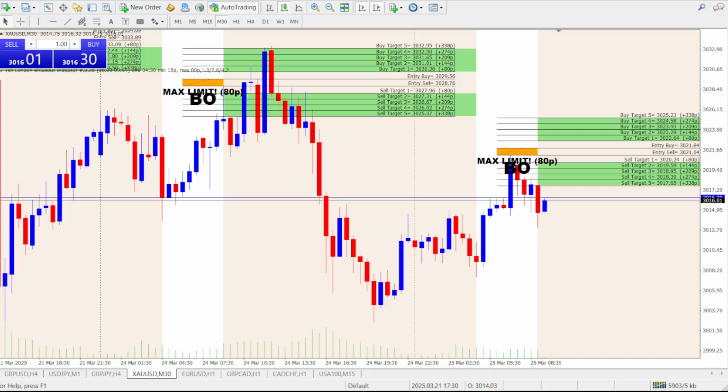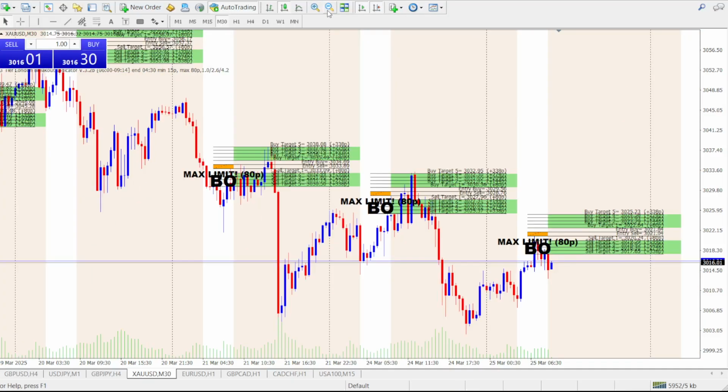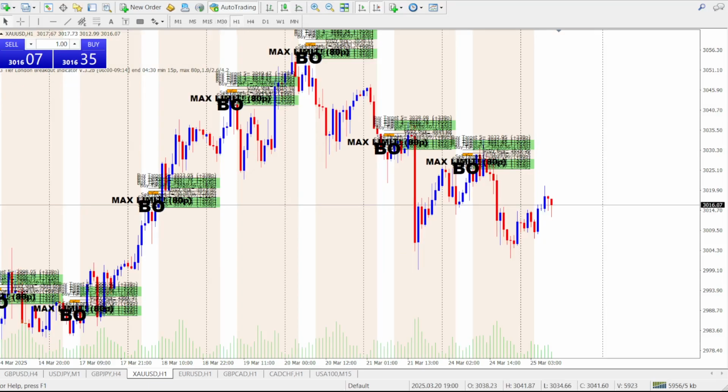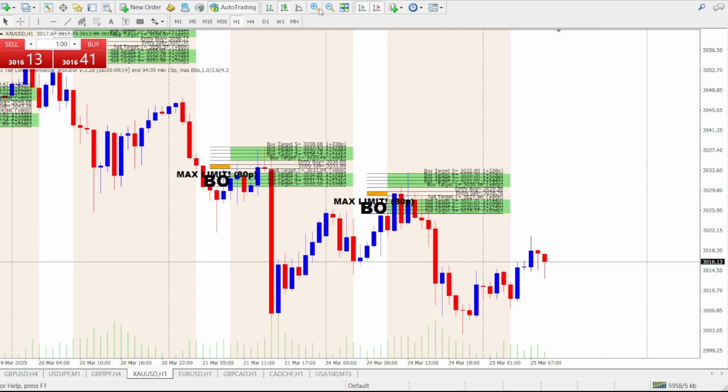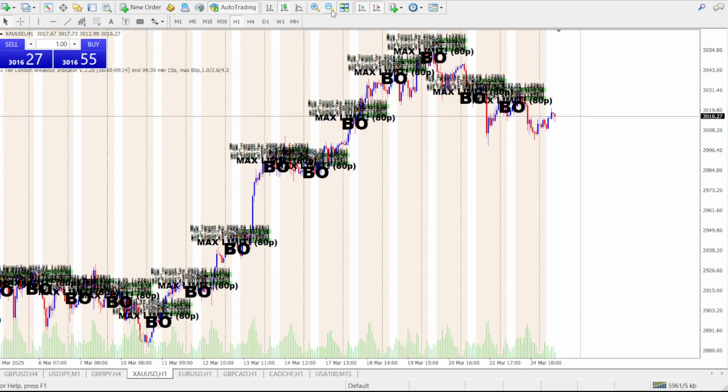So pay attention to your risk management strategies. Ensure that you do not trade with an amount that you cannot afford to lose, and make sure that you also employ good risk to reward ratios when using the indicator. It's very, very important.